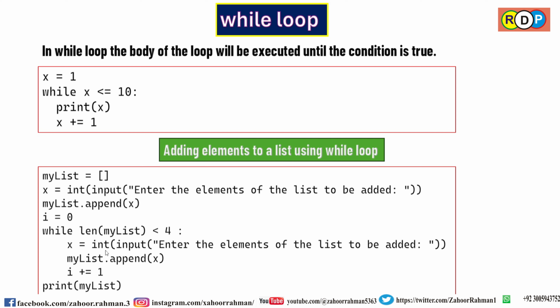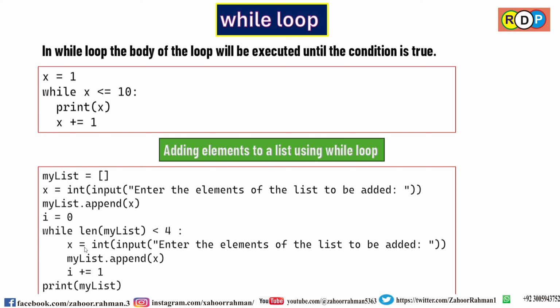So again it will ask you to enter an element, and that element will be added to my list at the end, and i will be incremented. So it will be 1 this time, because initialization gave us 0, and when I increment the value of i by 1, it will become 1. So length of my list this time is 2. 2 is less than 4.